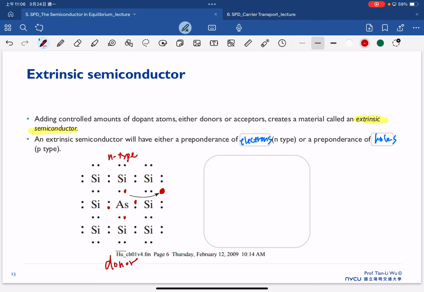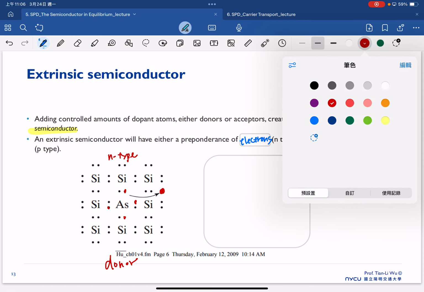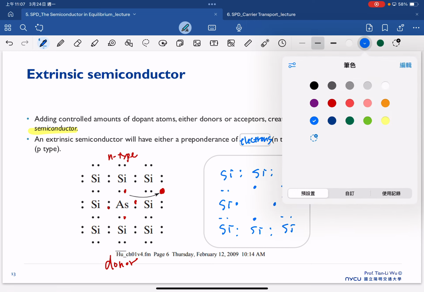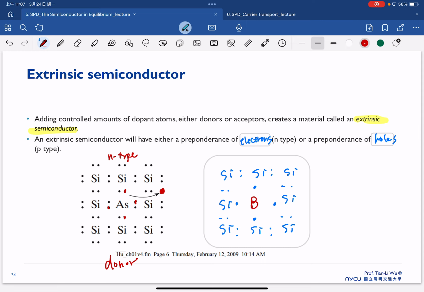But on the other hand, similarly, we consider the silicon here. But now if we try to dope with boron, in the case of boron, there are only 3 electrons in the outer shell, which will be bonding with the silicon.